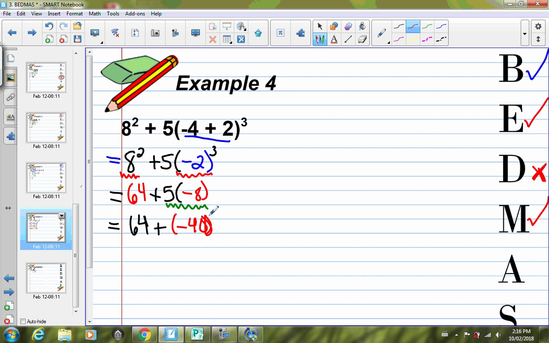Another thing that I've noticed is that students want to rearrange the equation. So if they were doing 5 times -8, they would put that first. Please don't rearrange it. You're always writing it in the same order that it appeared, because you're going to get confused and it's going to change things. So again, from here, I notice I have a double sign.